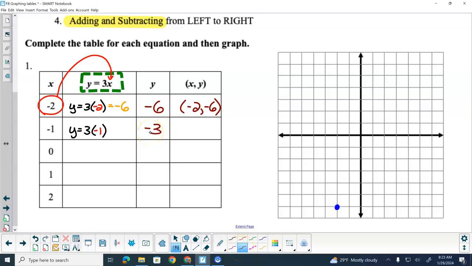So my y value is -3. So what is the point that's associated with this line in our chart? -1, comma, -3.